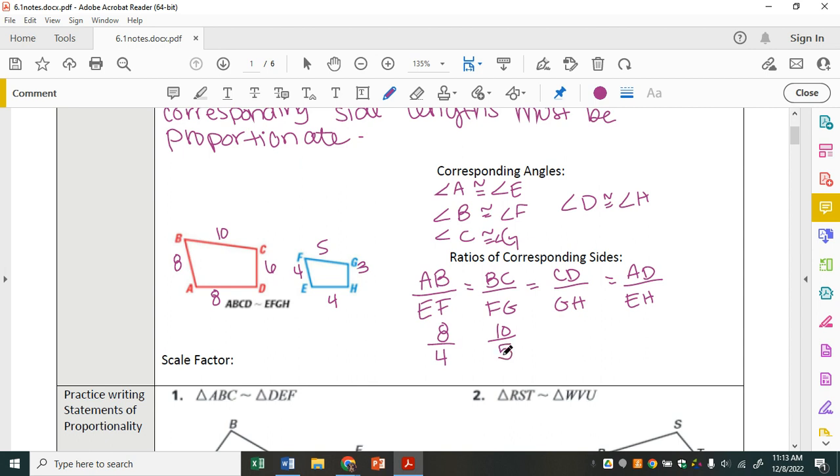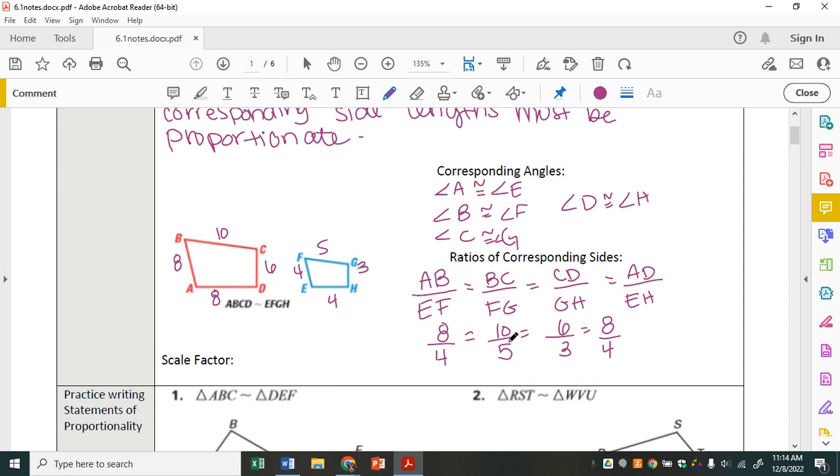BC has a side length of 10. That compares to FG, which has a side length of 5. CD has a length of 6. GH has a length of 3. And AD has a length of 8. And EH has a length of 4. Now, all of these aren't necessarily equal, but they have to be, right? They don't look equal right now, but all your side lengths have to be proportionate.